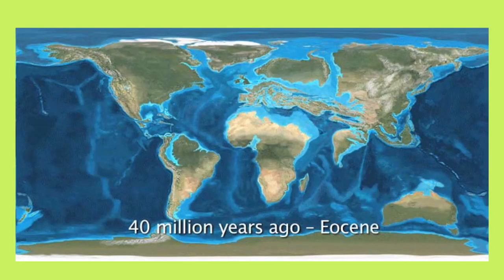And so this is the best image I could find of the Eocene around this particular time. North America right here almost looks like North America today, but Florida is completely submerged underwater, and you don't see the Great Lakes in the Midwest of the United States. Those were not around at that point in time.